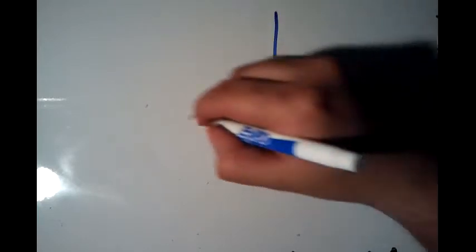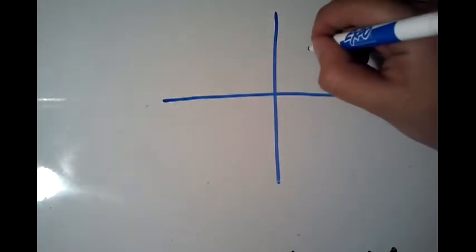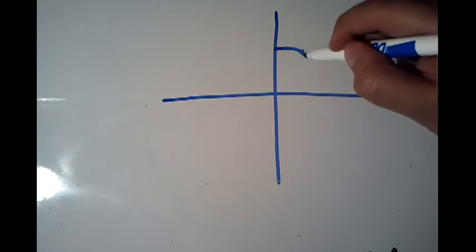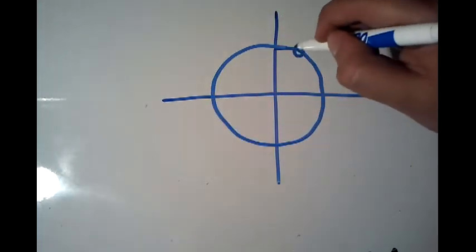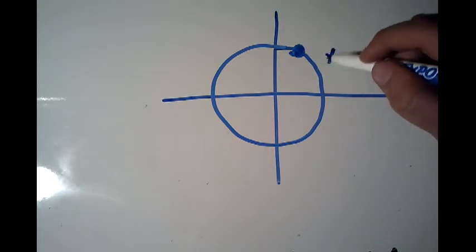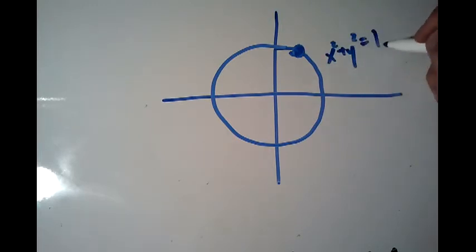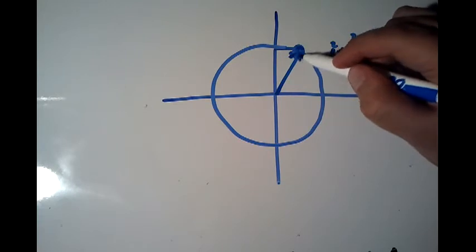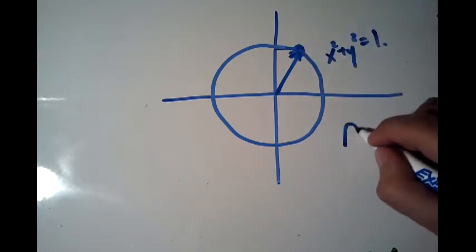So now we're going to define unit vectors in cylindrical coordinates. So let's go back to our polar grid for a sec and choose a point. So this is our point, and the point has to come from a circle. So here's the circle. And this is going to be our unit circle. So it's x squared plus y squared equals 1. And now our first unit vector is going to be called rho hat.